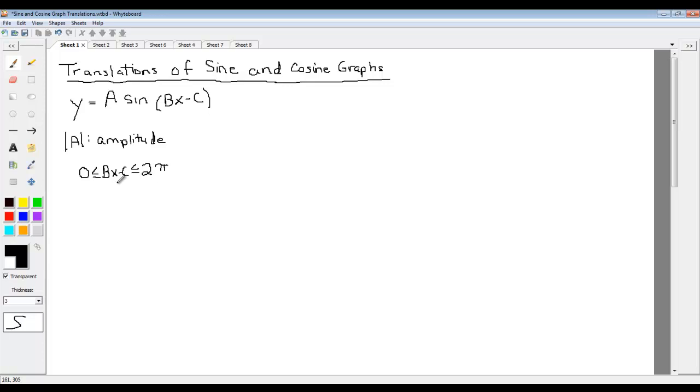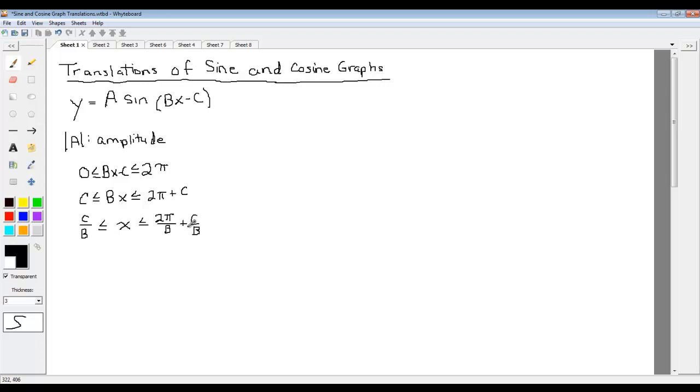An interesting thing happens when you solve for x here. So you add c across the board, and then you divide by b across the board. And you get this interesting result here.